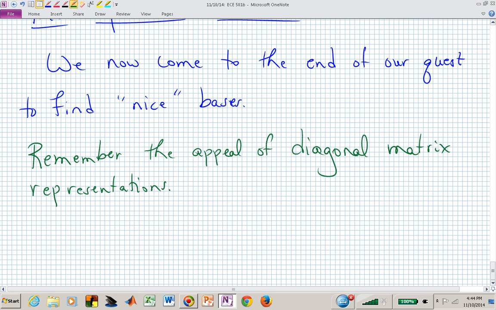What's so appealing about that? We basically have decoupled all of our properties to now dealing with scalars, essentially, scalar problems or scalar results.